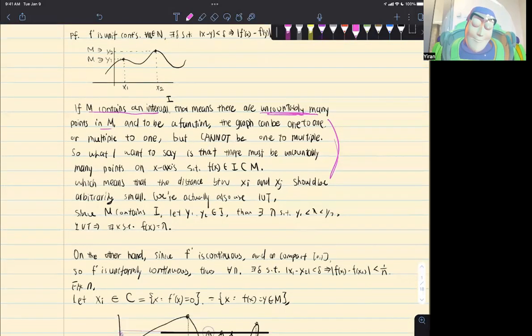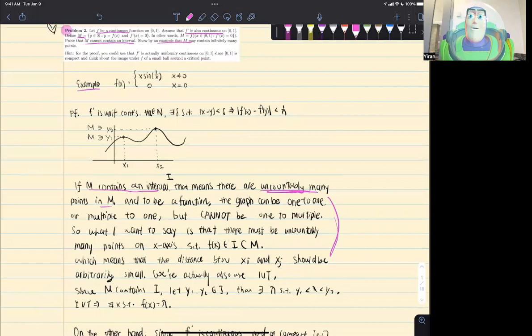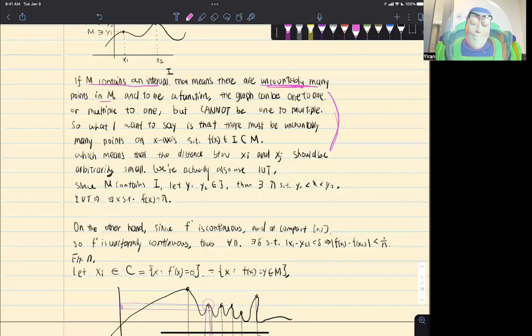So the overall conclusion of this paragraph: because the function f is continuous, we can use the intermediate value theorem to show the existence of such x such that f(x) corresponds to one element in M. Suppose that we have an interval in M. I'm saying that there must be many points in the corresponding x-axis. Okay.